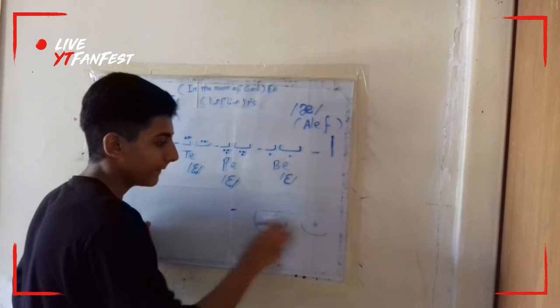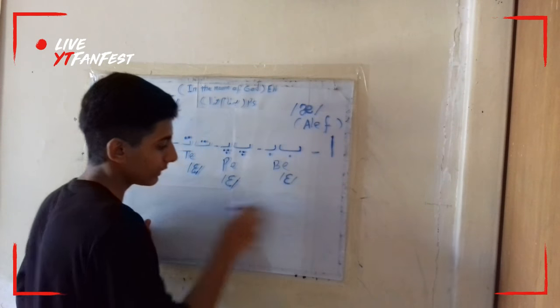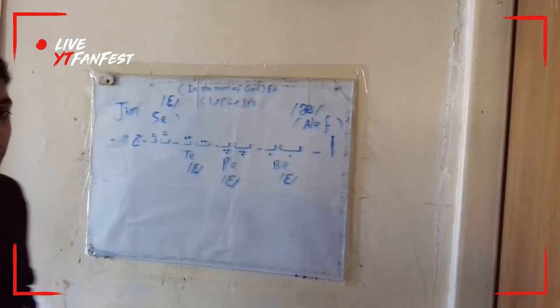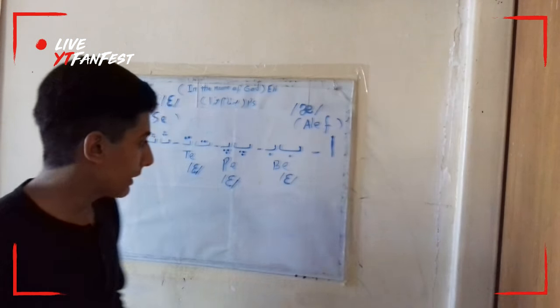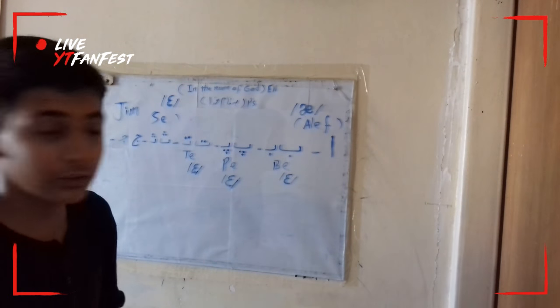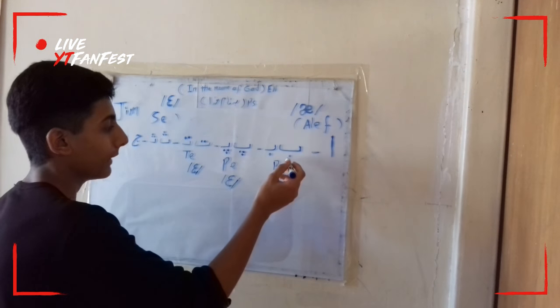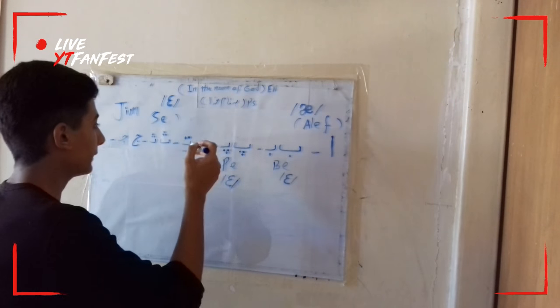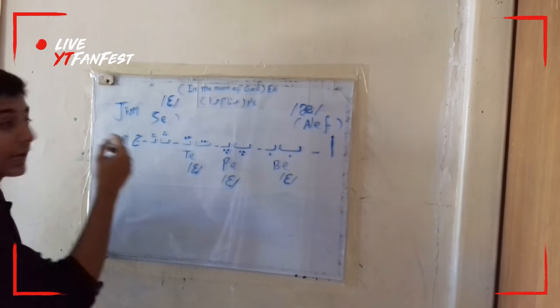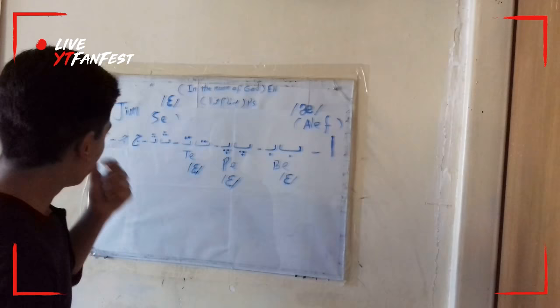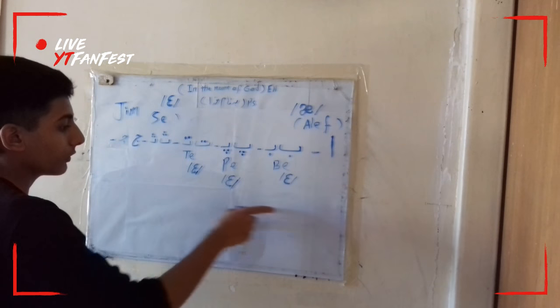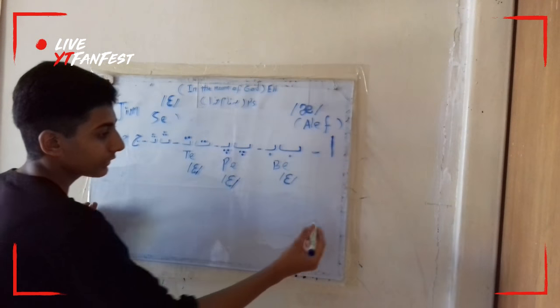Okay, everyone, I hope you enjoyed this video, and that was it: Aleph, B, P, T, S, and Jim. Okay, and I'm going to write it for you one by one.